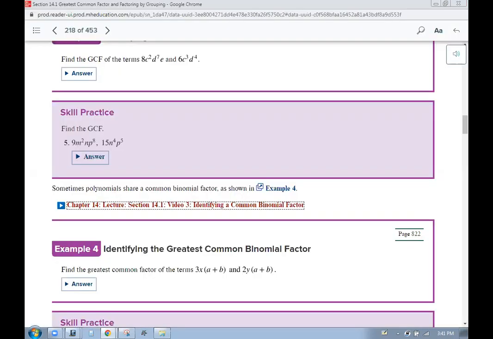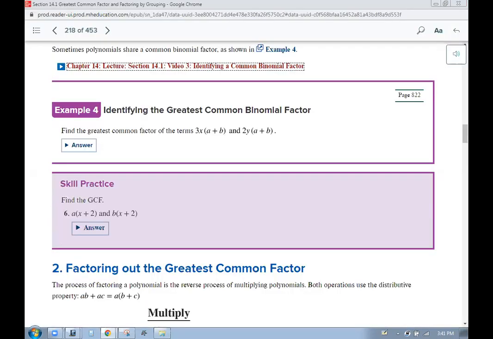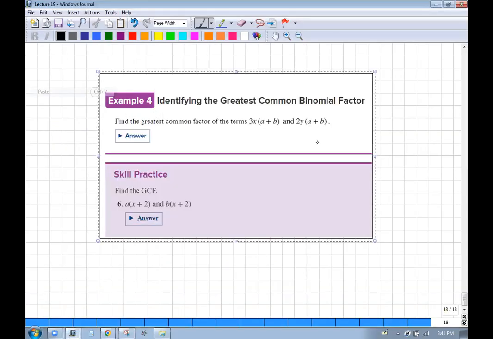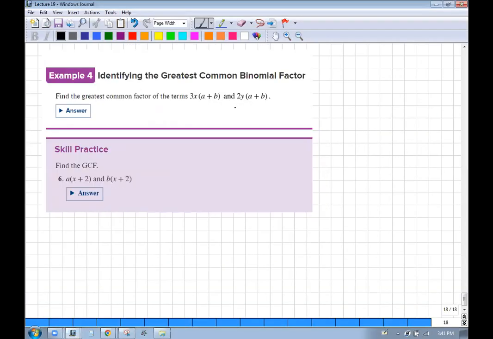Okay, so this is the same thing. It's just the name of the number has gotten longer. Both of these have an a plus b. If I had 3x times a plus b plus 2y times a plus b, I could say both of these have an a plus b.